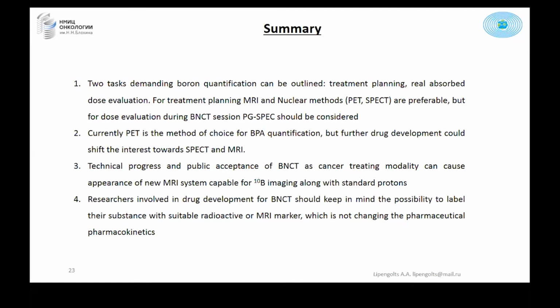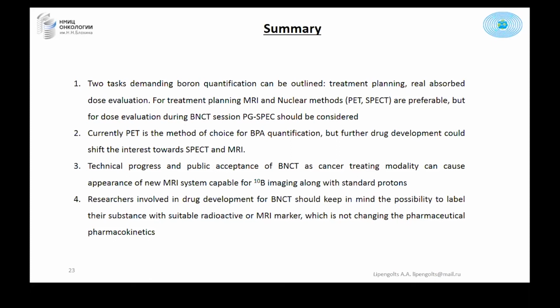I think technical progress will definitely make huge progress in MRI imaging, and I think we will see new methods and new systems for boron-10 imaging with MRI, because it's a very attractive method for boron quantification, especially for planning the BNCT procedure.